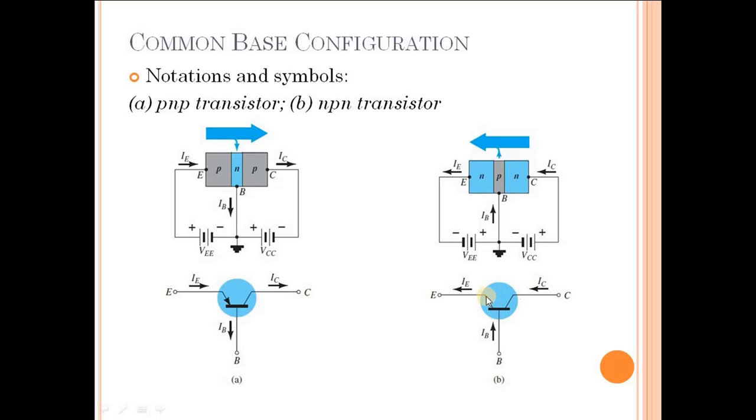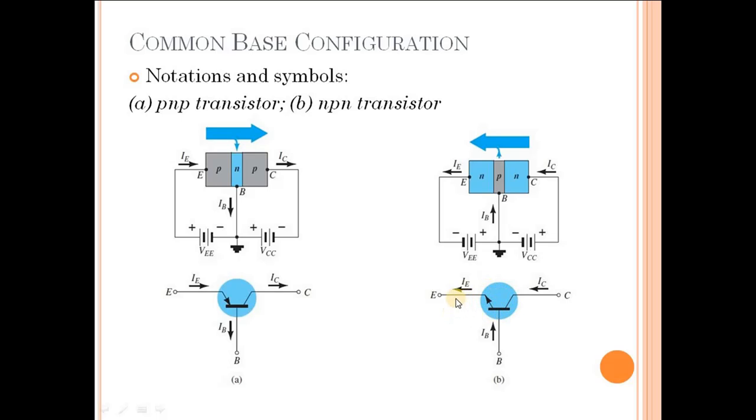In the symbol itself, the arrow is outwards of the package from the emitter layer. So this makes me reach a point where I can know that IE is in this direction. IE has to support the direction of the arrow in the symbol. So IE has to be coming outside of the BJT package, or the node representing the BJT package.